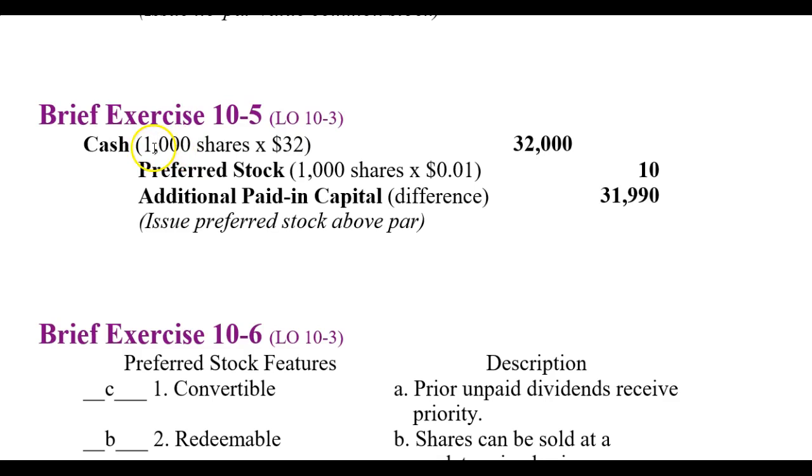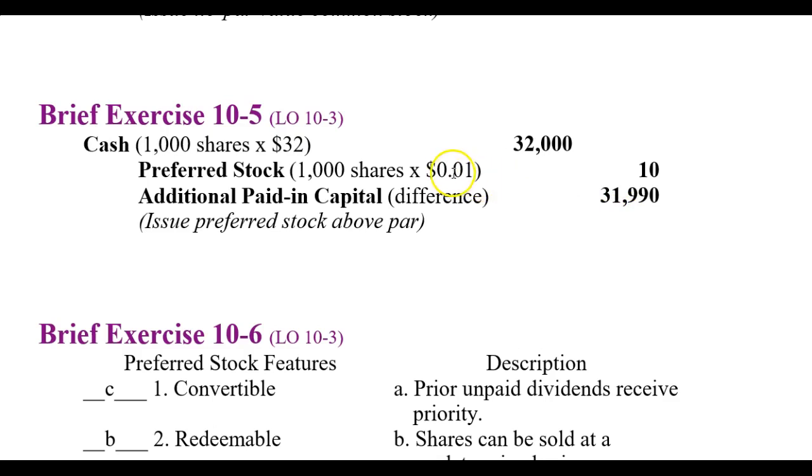If 1,000 shares are sold and we receive $32 a share, $32,000 is recorded in the cash account. Preferred stock, only a penny per share times 1,000, only $10 goes into the preferred stock account. This is preferred stock here, not common stock. The difference, just subtract, and so we have a large amount going into the additional paid-in capital account, the $31,990.